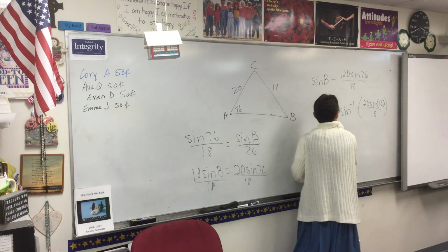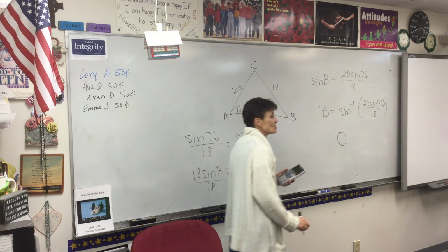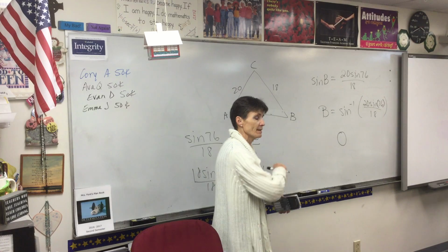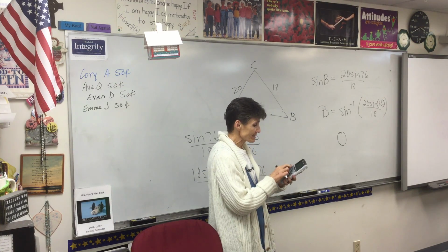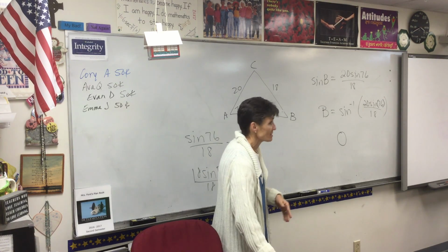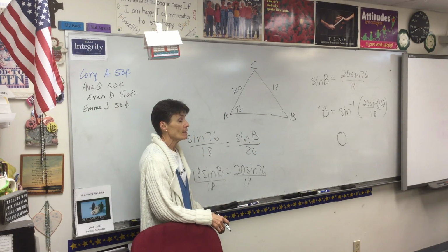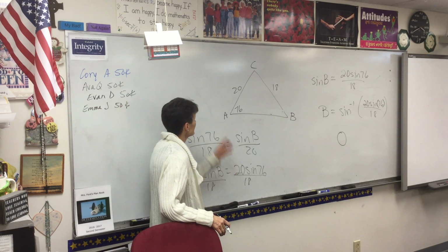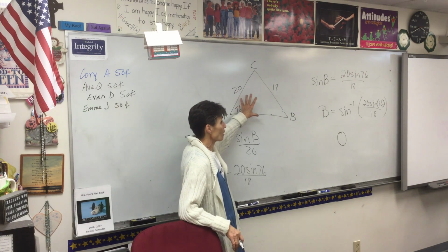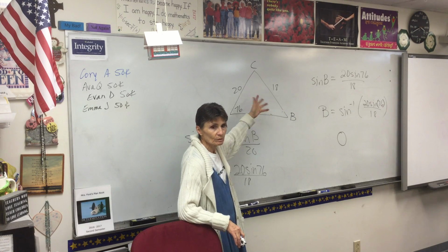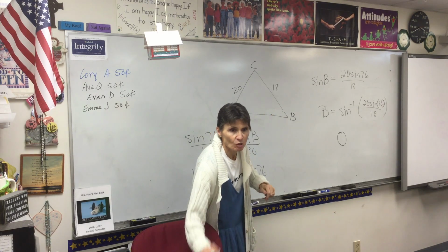No solutions. So that triangle has no solutions. You're done. Move on. That one's finished. When it says there are no solutions, that means there are no solutions. And there's no point in moving on. What that means is that if you actually tried to construct this triangle, it wouldn't work. You couldn't do it. Things don't match up right.